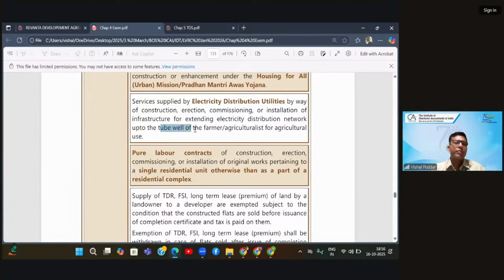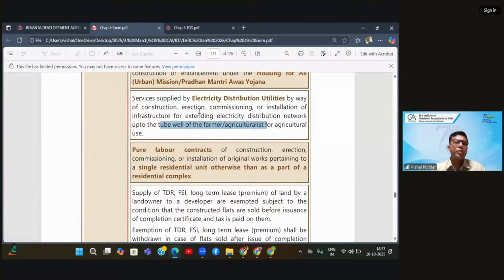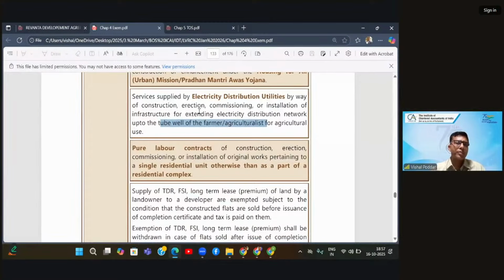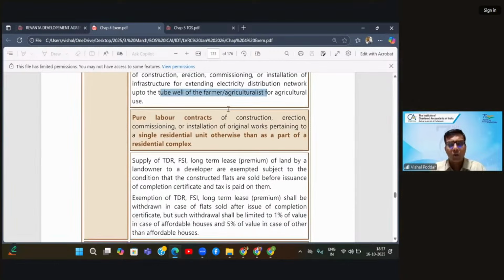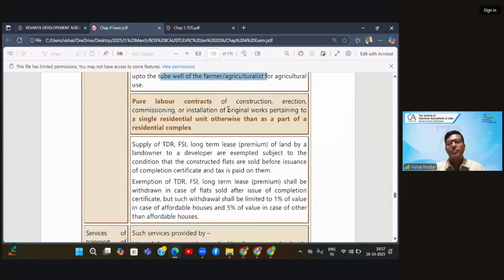The farmer requires electricity to run the tube well on his farm, for which he has to pay charges to the electricity companies, who will then do erection, commissioning, etc., so that all poles are installed and electricity can come to your farm. The charges levied by the electricity company for bringing the electricity pole or the DP up to your farm are exempt.